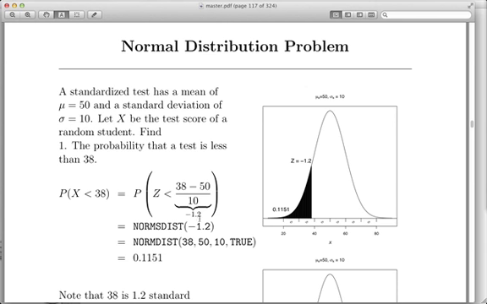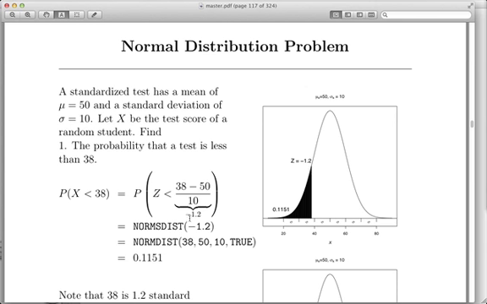Let's just think about this. The mean is 50. If I go one standard deviation to the left, and the standard deviation is 10, that takes me out to 40. I'm not quite at 38, so I need another 2/10 of a standard deviation to get to 38. So I'm 1.2 standard deviations to the left of the mean.